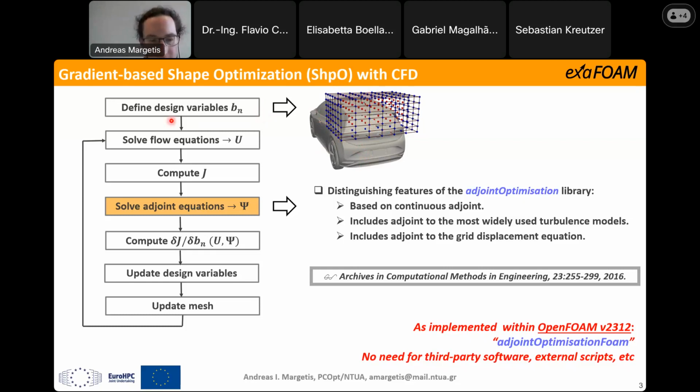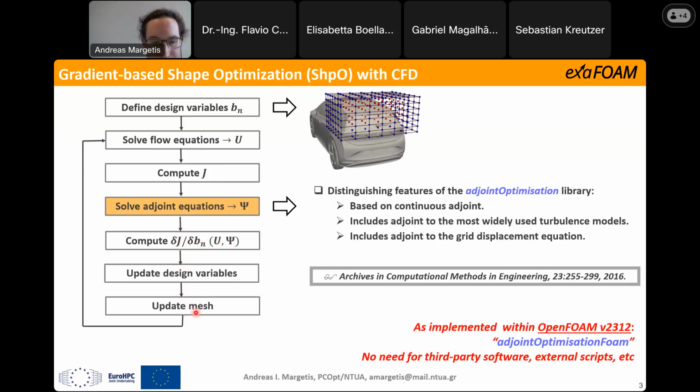Then we solve the flow equations to compute the flow solution, the flow field, the time series V, and the objective function J, and then we solve the adjoint equations to compute the adjoint variables psi. Having access to both the flow and the adjoint fields, the gradient of the objective function, our sensitivity derivatives, can be computed, and based on them, the design variables are updated, and so does the surrounding mesh.